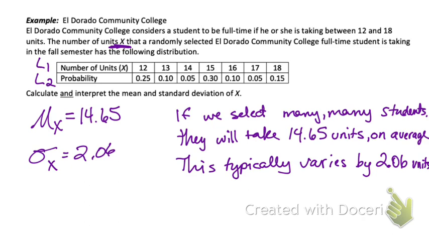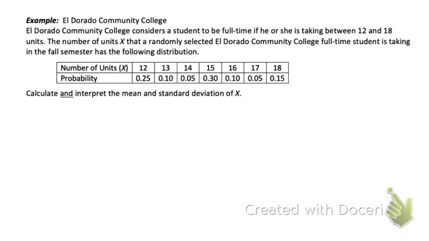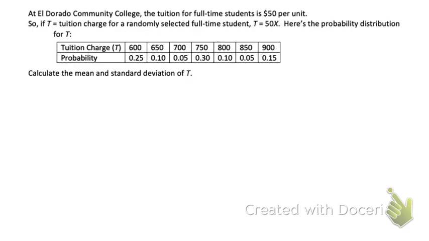Now, here's what we're going to do. We're going to take this and put it together with what we just talked about. At El Dorado Community College, the tuition for full-time students is $50 per unit.